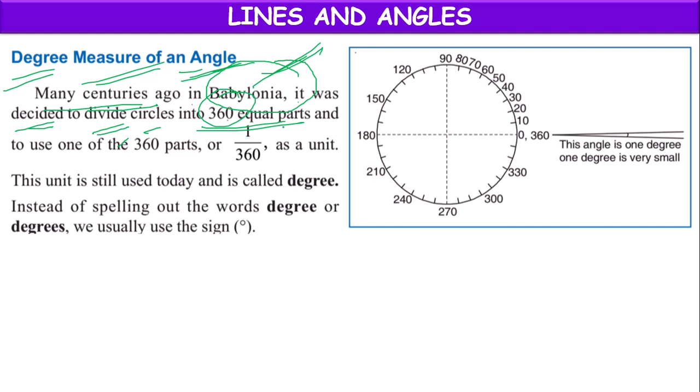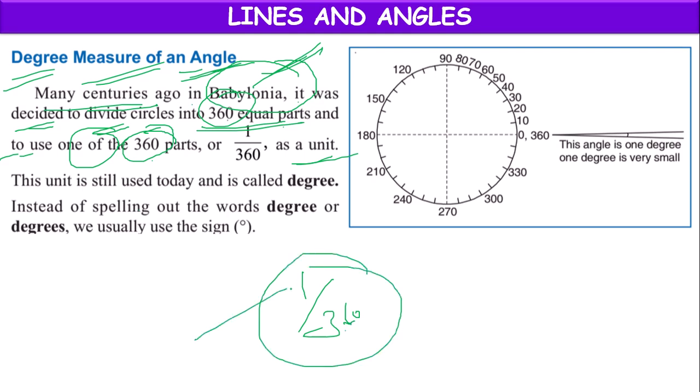The mathematicians around that period in Babylonia decided to divide the circle into 360 equal parts, and to use one of the 360 parts as one unit. That unit we are still using today, and that unit is called a degree.